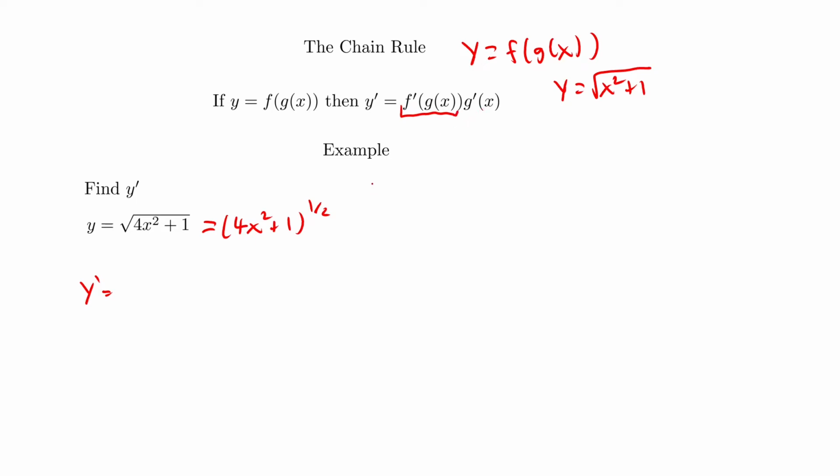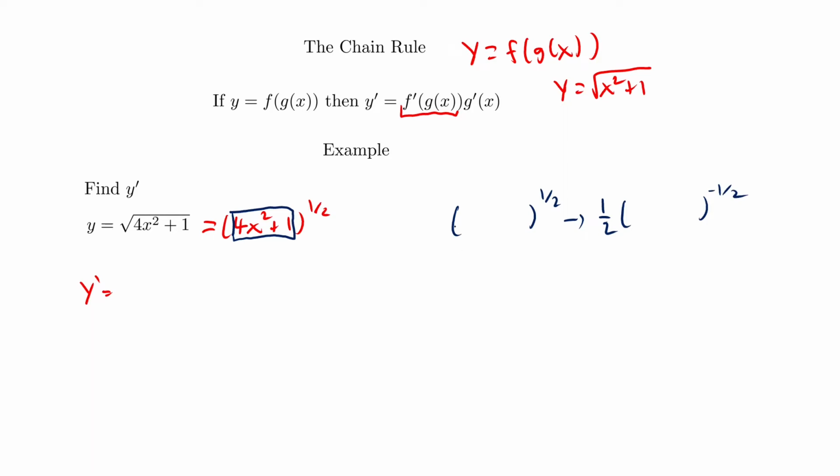The way I like to think about this is that there is a function inside of a function here. So basically there is this 4x squared plus 1 inside of this something to the 1/2. So I ask myself, how do I take the derivative of just the something to the 1/2 part? If I do that, this is going to leave me with 1/2, whatever that something is, to the negative 1/2.